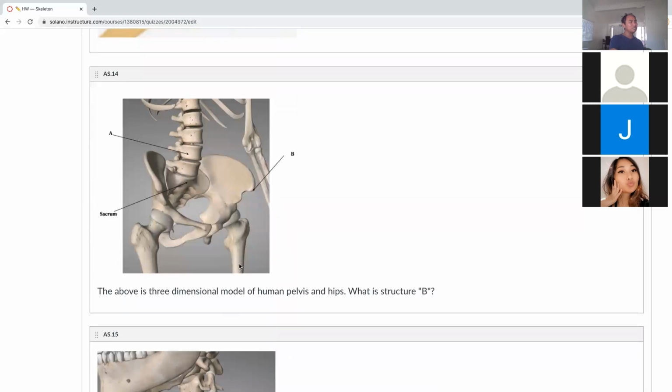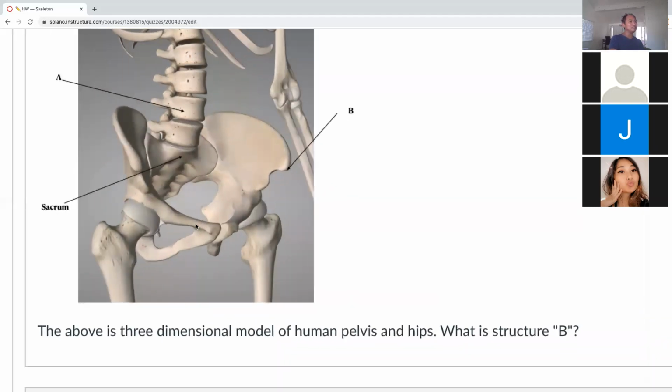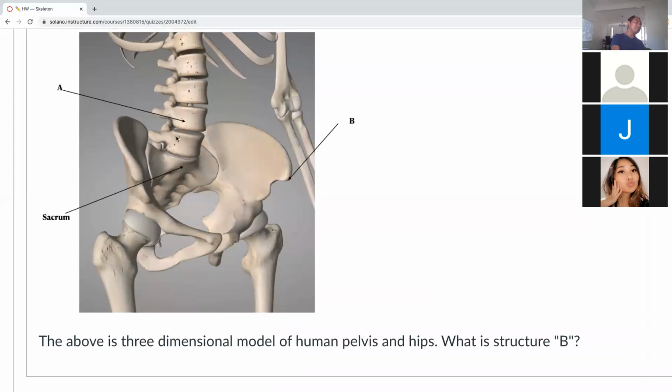Again, what is structure B? That is the anterior superior iliac spine. Let's look at that. This is our human pelvis, our vertebral body, which becomes the sacrum. And on each side, we have the pelvic part of the pelvic bone, which is what we call the ilium, I-L-I-U-M.